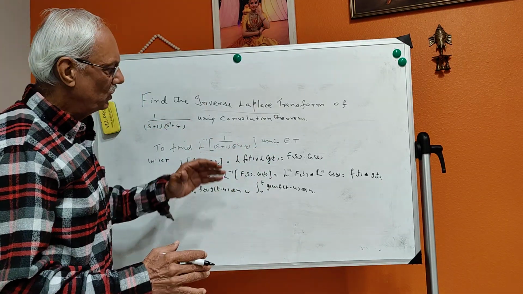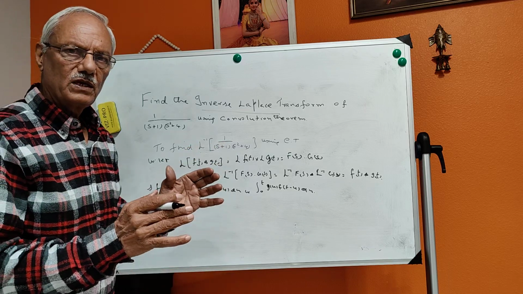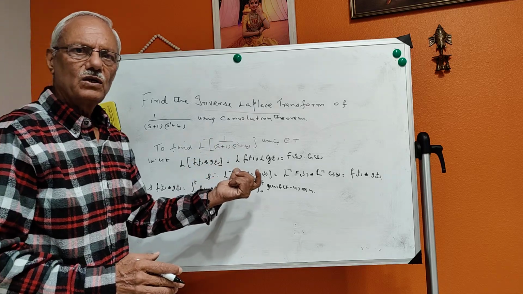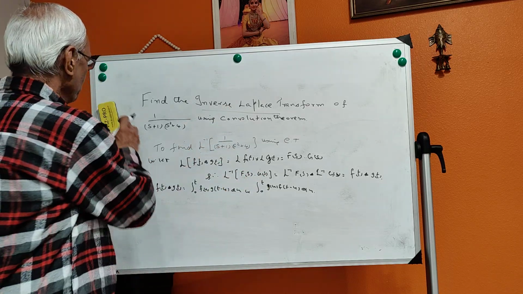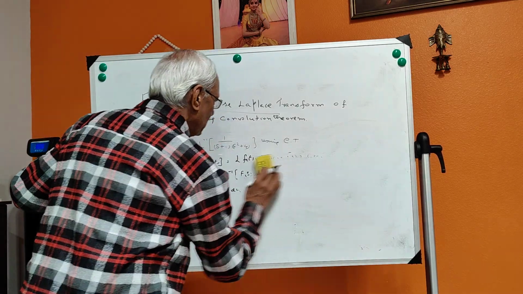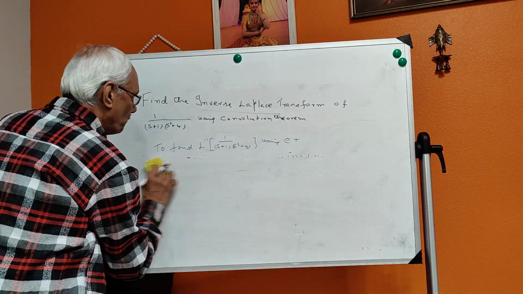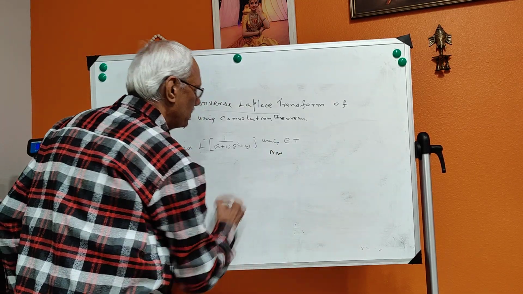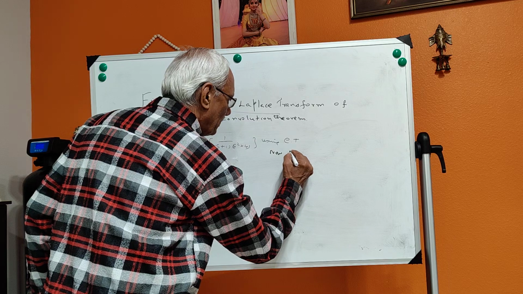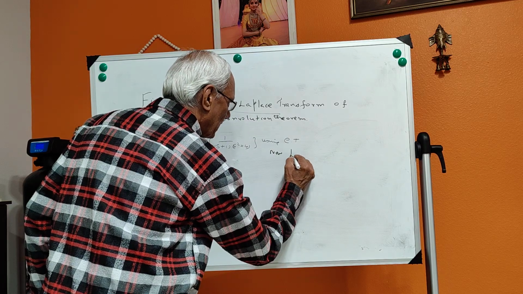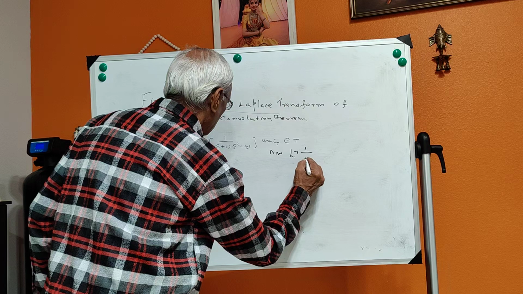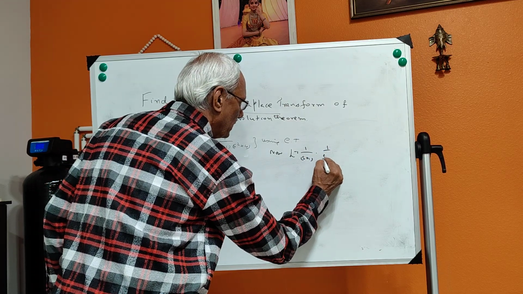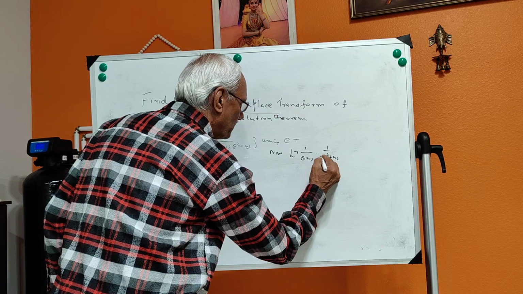convolution theorem, and using this small knowledge of the convolution theorem, let me explain how this problem could be done. We have to find L minus 1 of 1 by (s plus 1) into 1 by (s square plus 4).